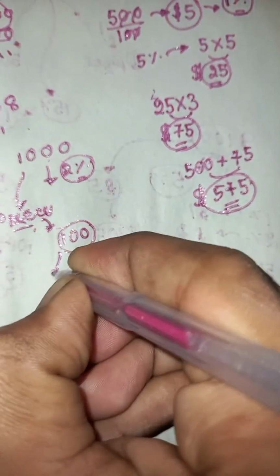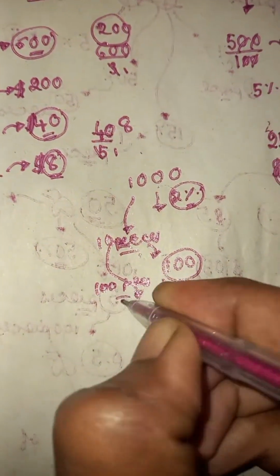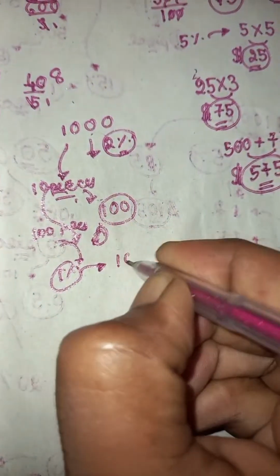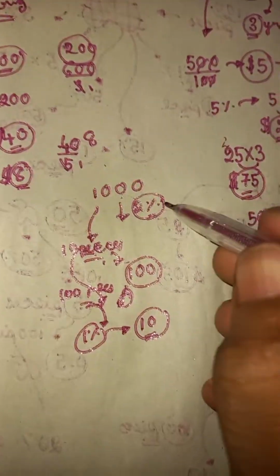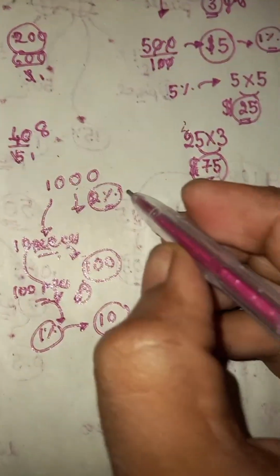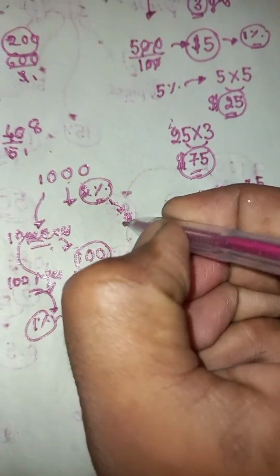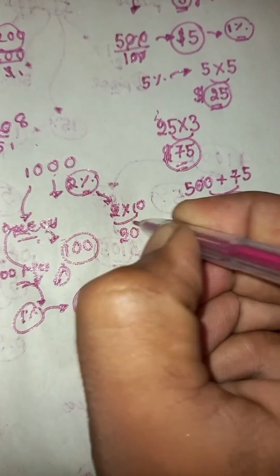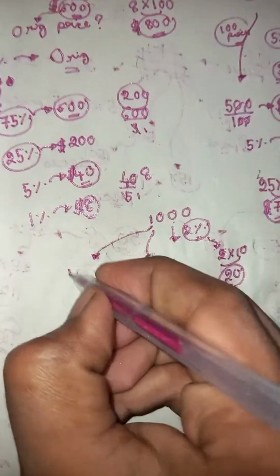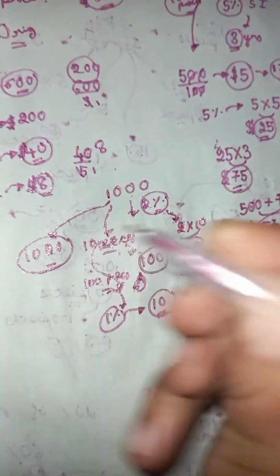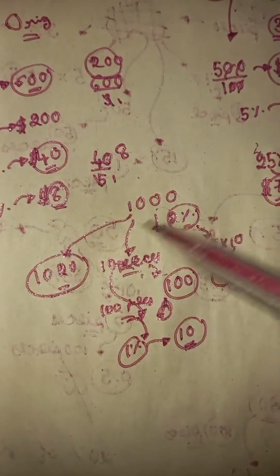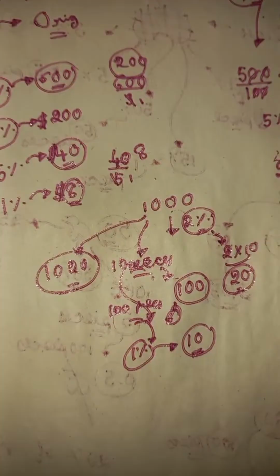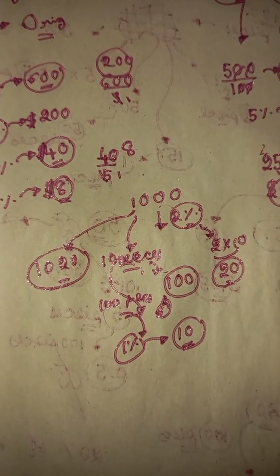Then dividing into a total of 100 pieces, each piece is 1%, which is 10 people. 10 people is 1%, and 2% is 2 times 10, which is 20. The 1,000 population becomes 1,020. That is the actual population of the new town. That's how you get it. Bye.